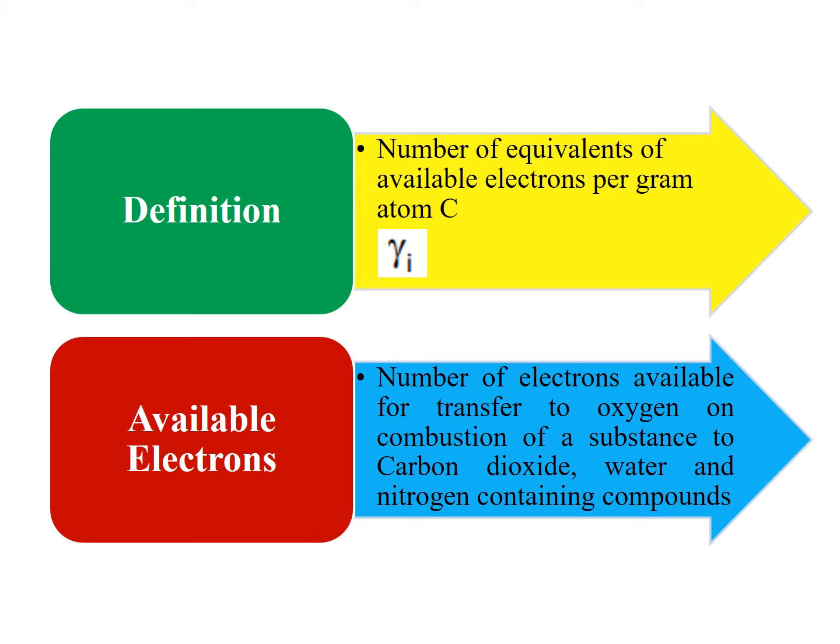It is defined as the number of electrons available for transfer to oxygen on combustion or oxidation of a compound or a substance to carbon dioxide, water and nitrogen containing compounds.